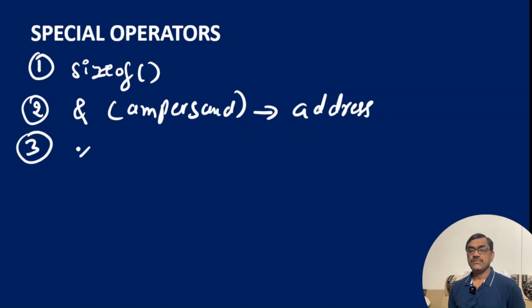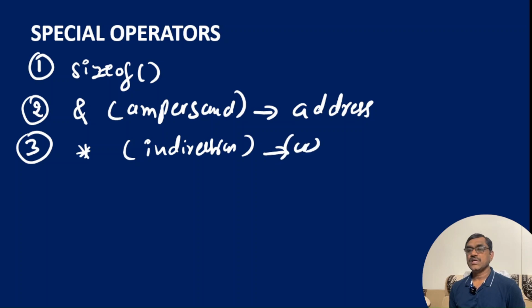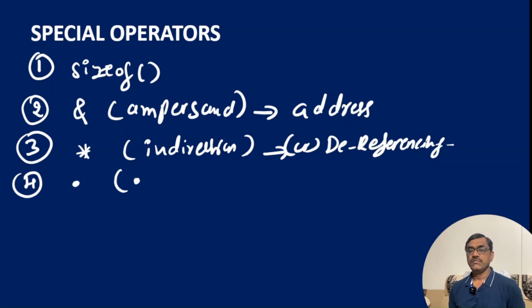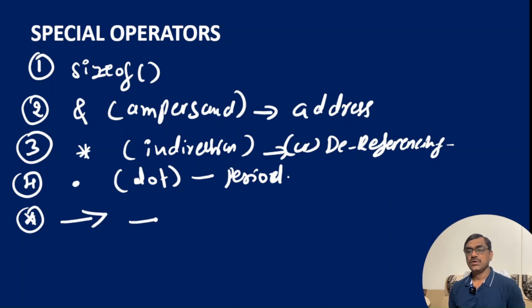Third one is star. We call it the indirection operator, or the dereferencing operator. After this, we also use the dot operator. It is read as dot, or sometimes we call it the period operator. After this, we also use arrow.